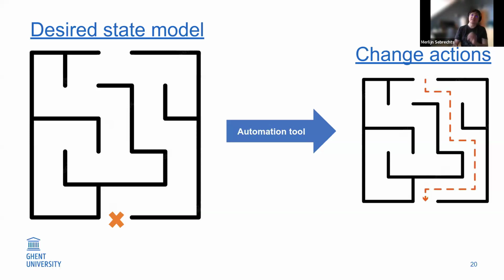And this has the advantage that if you have a number of servers and each server has a slightly different initial state, then using desired state models, using infrastructure as code, with the same desired state model, you will get all the servers in the same resulting state, even if their initial state was different.